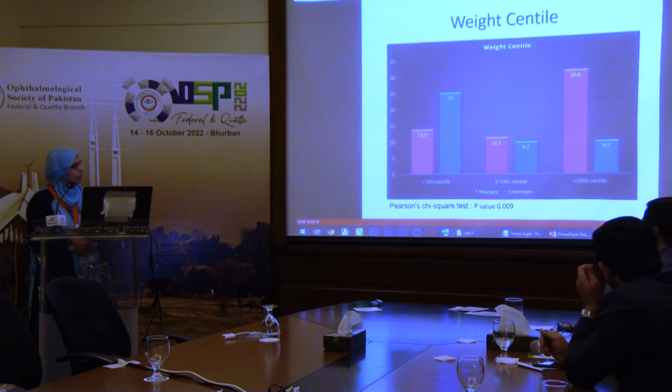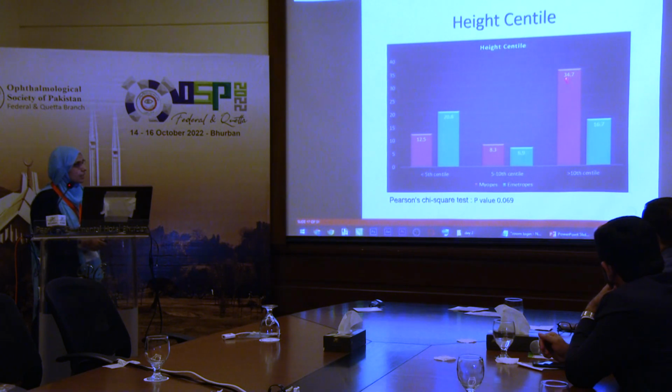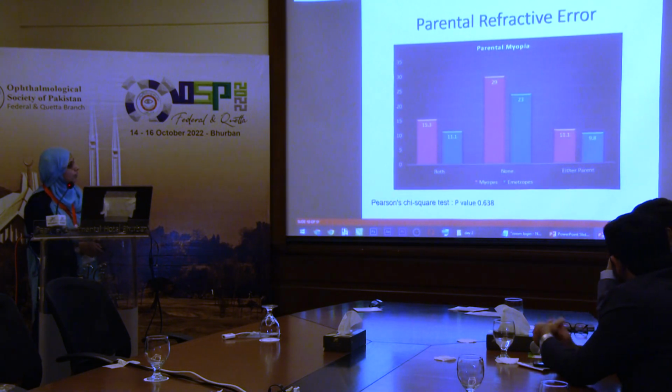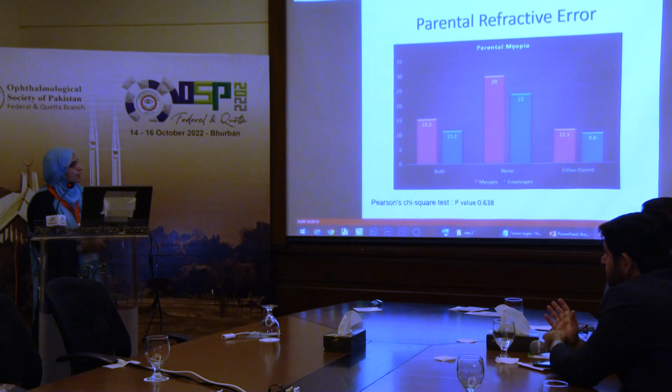Weight centile, there was significant difference. Myopes had better weight centile. Similarly, height centile was better in the myopic population, but that's not significant, borderline.